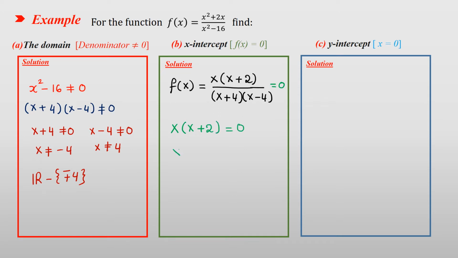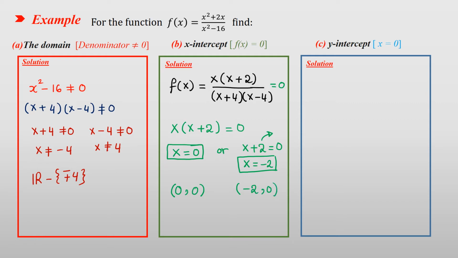So we have x equals 0 or x plus 2 equal to 0. x equals 0 is ready. x plus 2 equal to 0 means x equals negative 2. So we have two x-intercepts, occurring at the points 0, 0 and negative 2, 0.